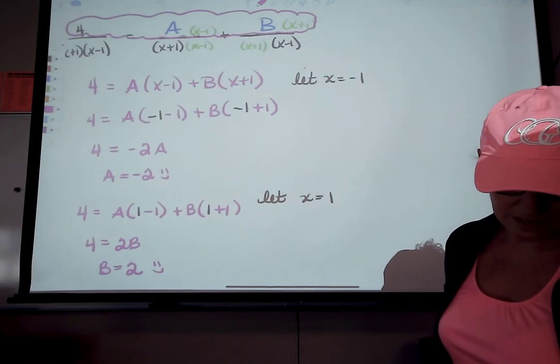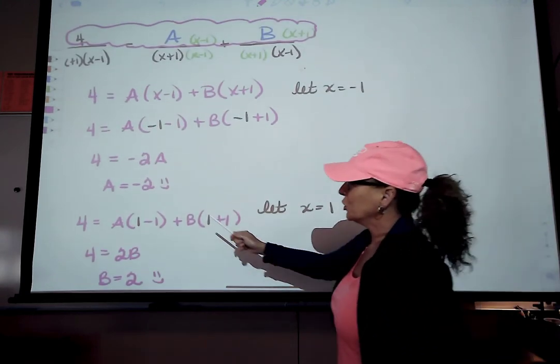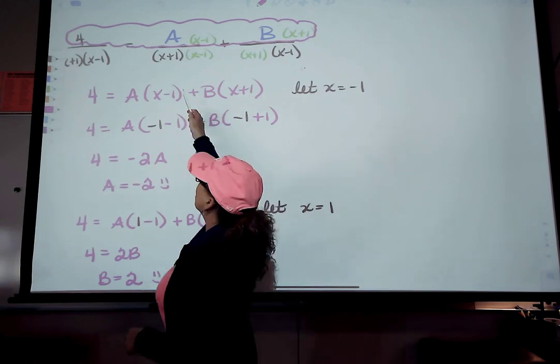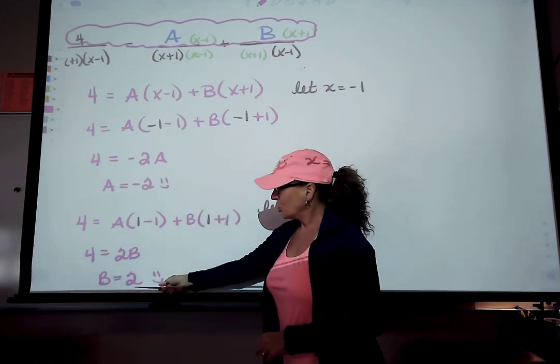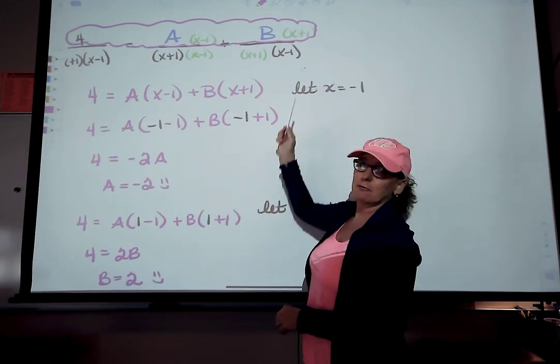So, -2 is what's on top of my x plus 1, and +2 is what's on top of my x minus 1.